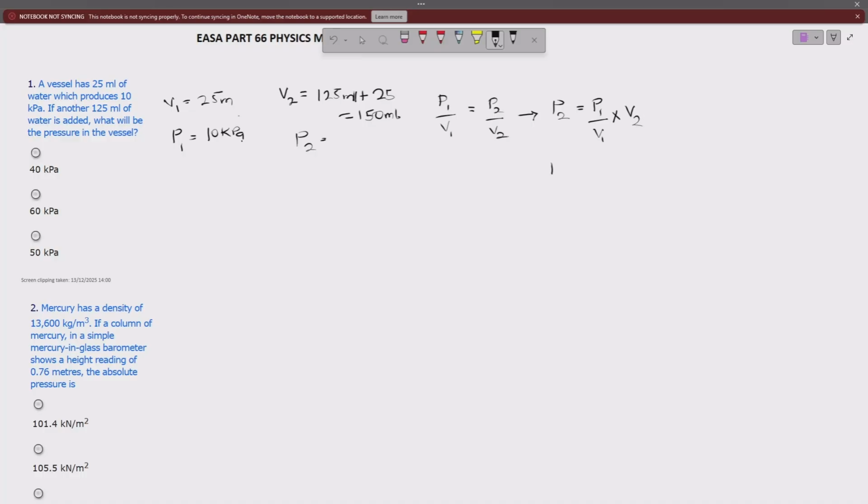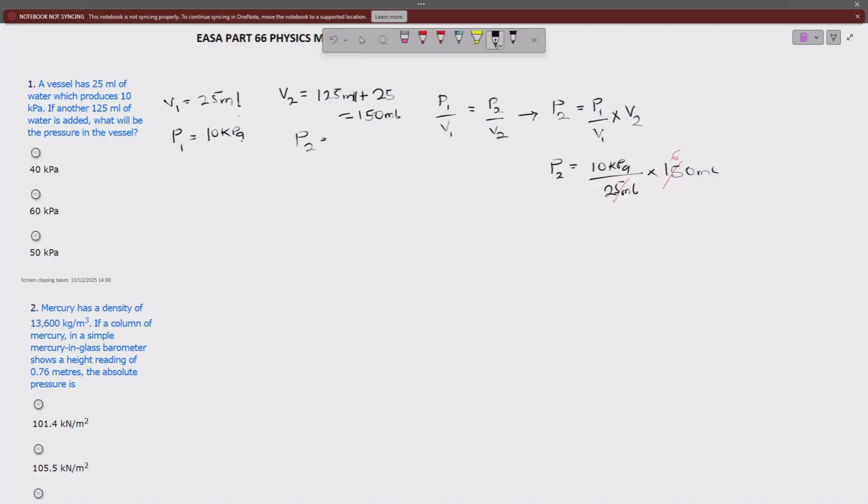That is going to give us P2 equals P1, we have 10 kilopascal, divided by V1, 25 ml, times 150 ml. Okay, so when you cancel it out, you're gonna get 6 here.